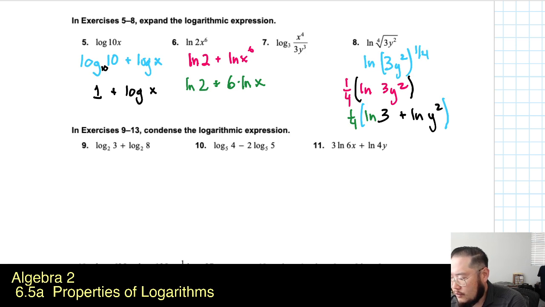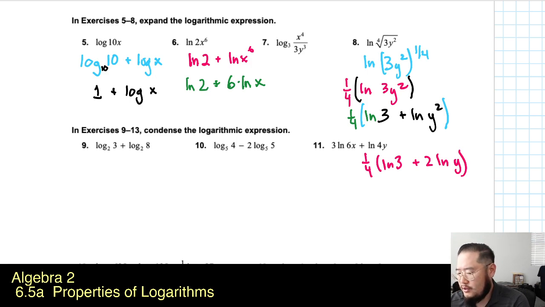We're going to bring down that 2 out in front of the ln y squared. So let me go ahead right here. I've got 1/4. I've got ln 3 plus 2 times ln y. And the last thing you could do is simplify this a little bit further by distributing that 1/4.